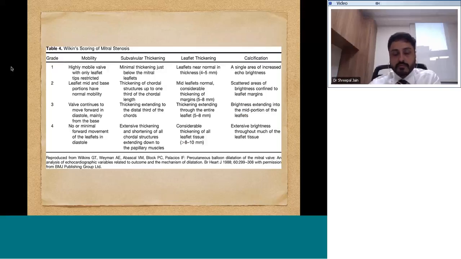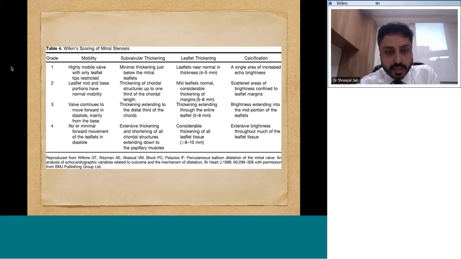In addition, echocardiography for rheumatic mitral stenosis is also used to determine the severity of mitral stenosis by what is called the Wilkins scoring system, wherein you look at 4 aspects of the mitral valve, which include mobility of the mitral valve, the severity of subvalvular thickening, severity of leaflet thickening, and presence of calcification.